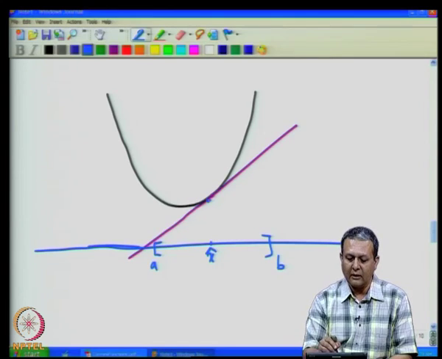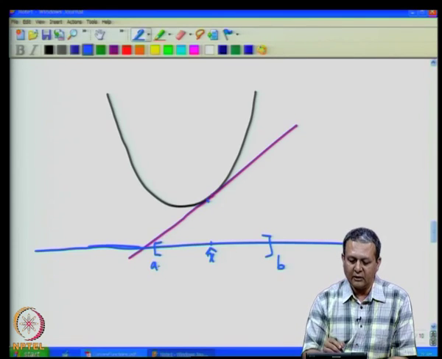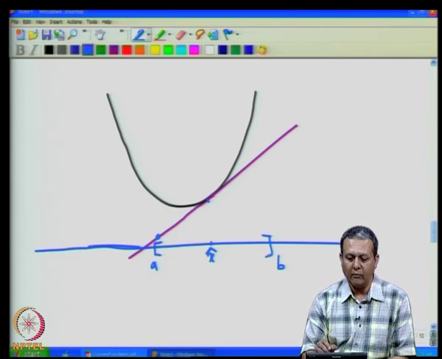So, x hat is our current point, and this is a convex function, and if you take an affine approximation of this and minimize it, the minimum value of this affine approximation is at this point. This is the minimum value of the affine approximation over the closed interval a b.